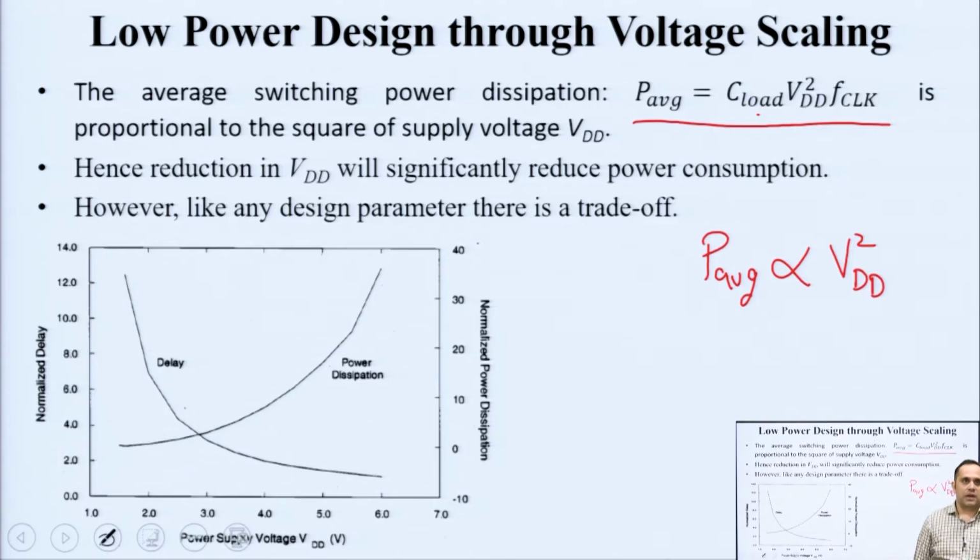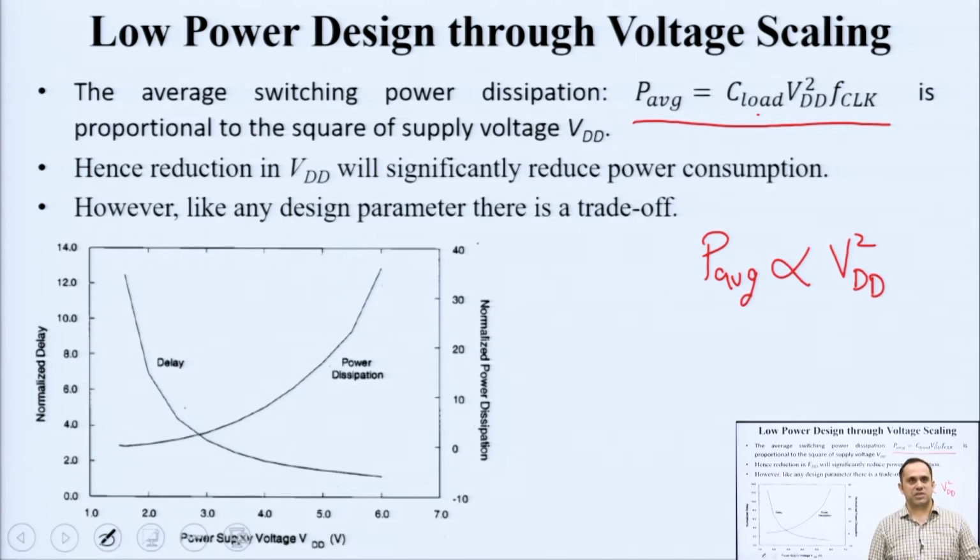And if I can operate my circuit at a reduced power supply, I can actually reduce the switching power being consumed. This is fairly simple to understand from this equation.